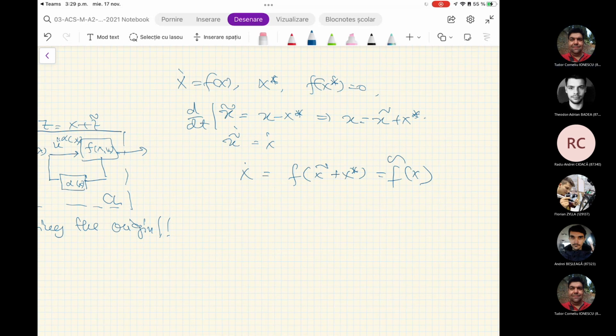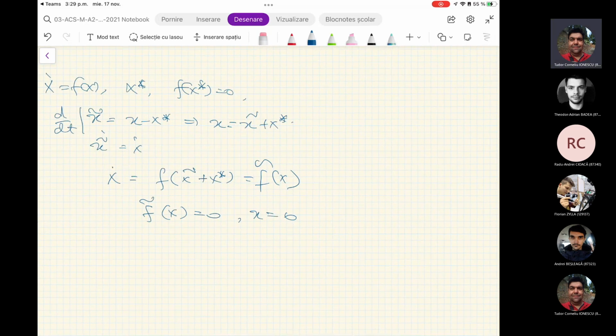And now this is 0 if you have the equilibrium point. That means that x equals x star.